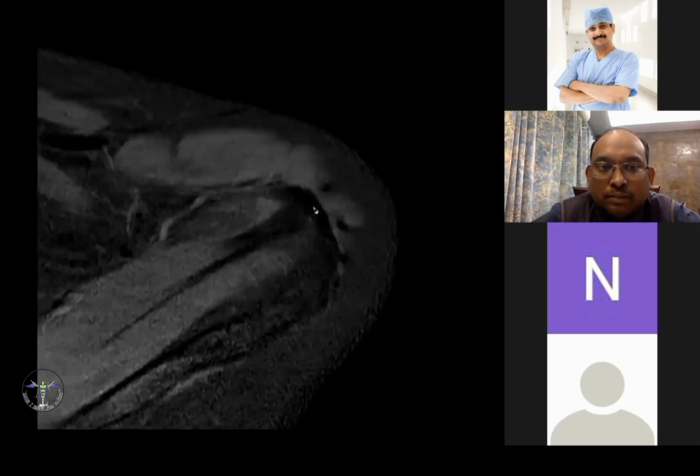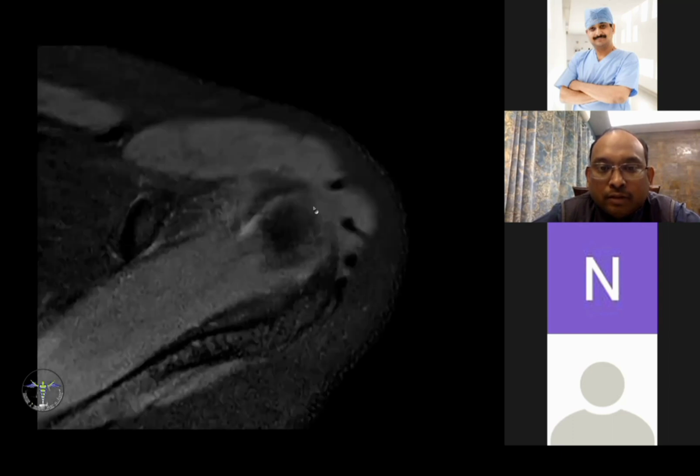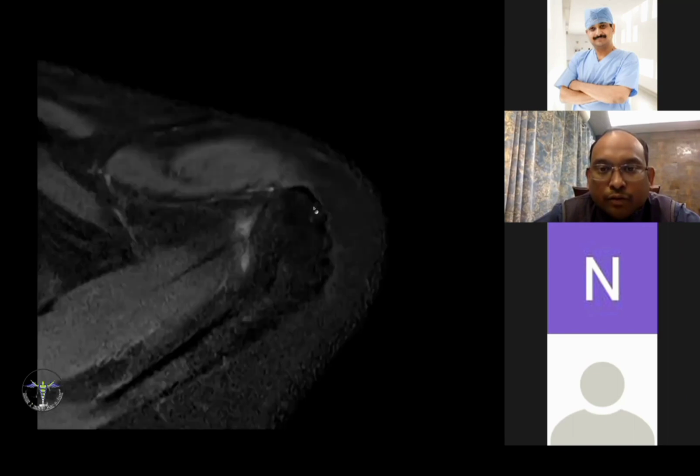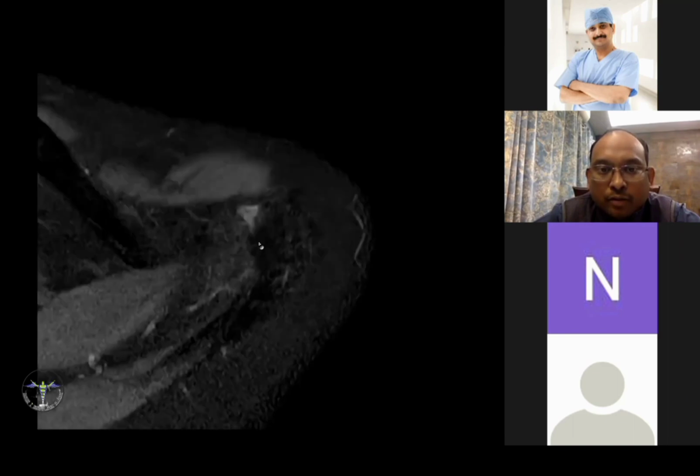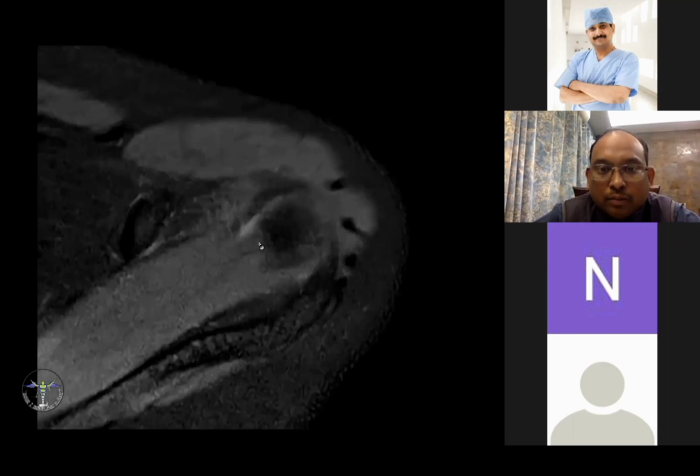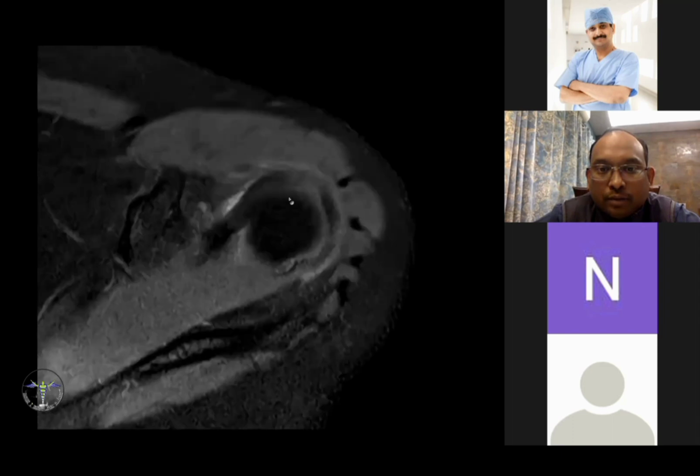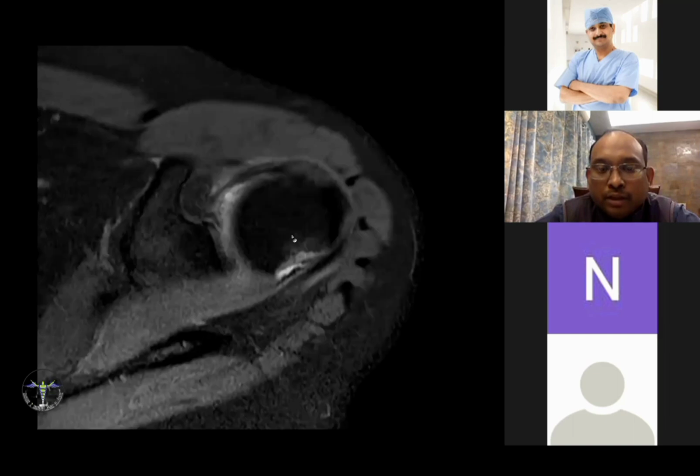So this is the basic sequence and basic plane where we need to see both the Bankart and the Hill-Sachs lesion. I am moving from the top. This is the acromioclavicular joint, and as I move inferiorly, this is the first section where I am able to see the humeral head. In order to see the Hill-Sachs lesion, by definition, the bony defect should be above the coracoid process.